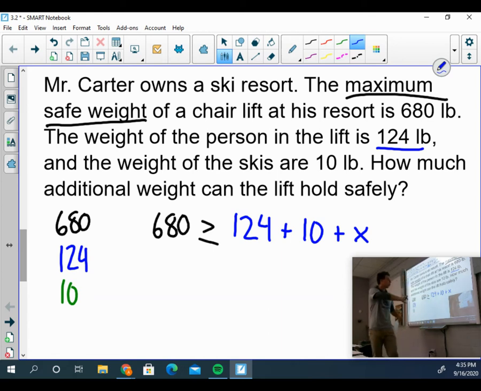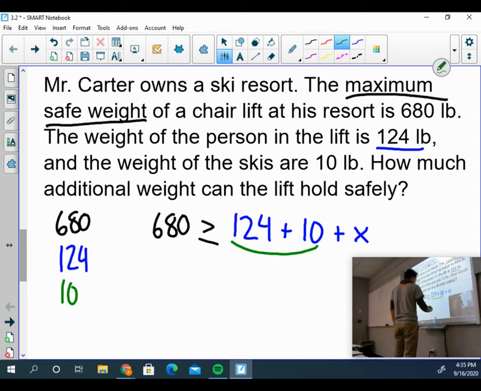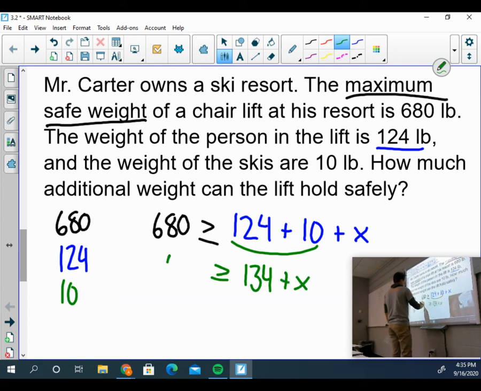Well, now that we have it all set up, we just need to get x by itself. So we can start by combining our like terms here. Get 134 plus x is less than or equal to that 680, or the 680 is greater than or equal to 134 plus x, however you want to phrase it.